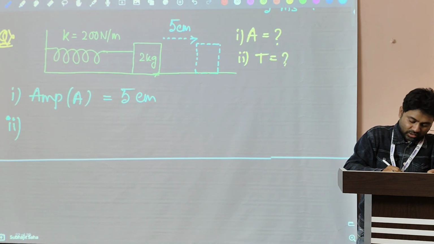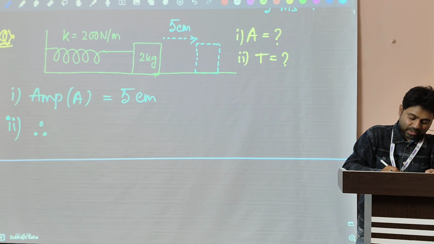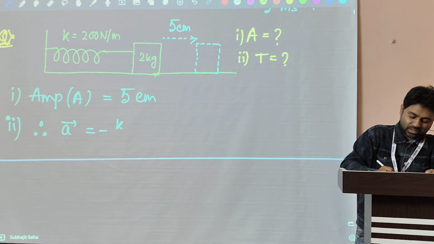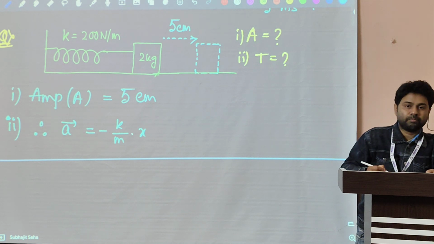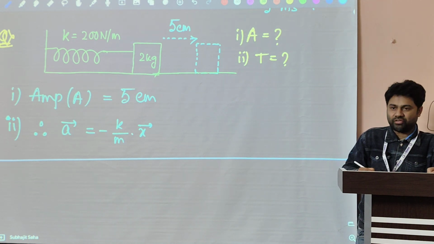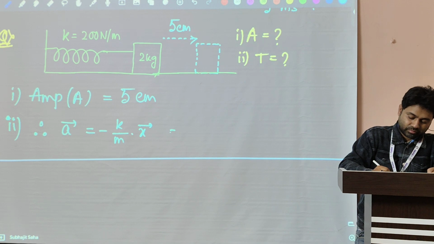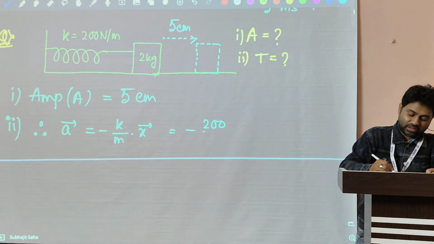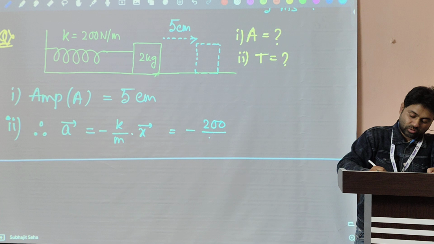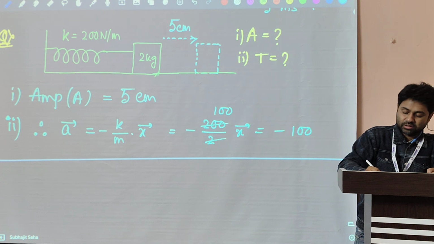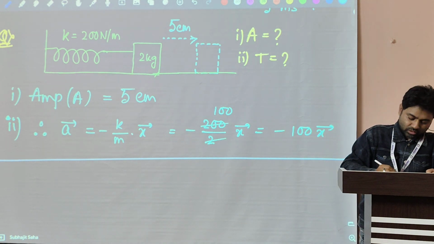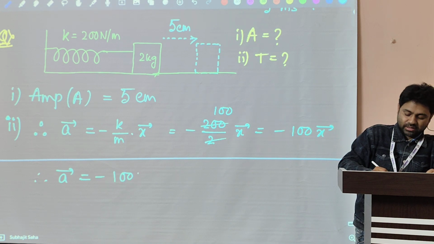So for this particular spring mass system, a is, again we will write it, minus k by m times x, where k in the question is given 200, mass m is given 2, so it's minus 100x. So acceleration equals minus 100x.